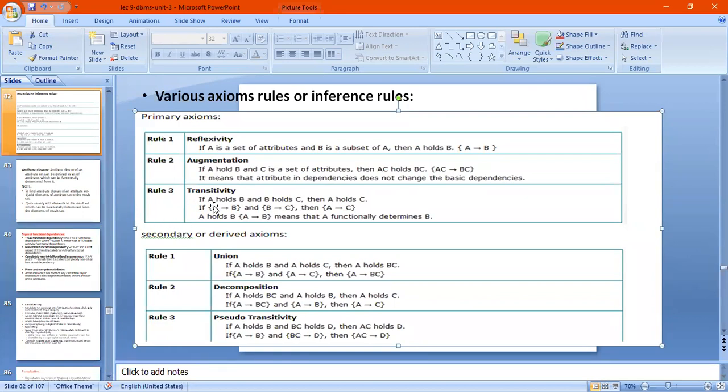The third one is transitivity. If A holds B and B holds C, then A holds C. So this is called transitivity.